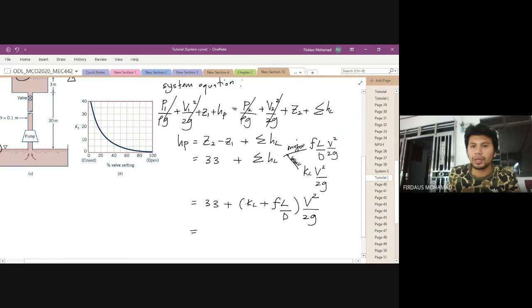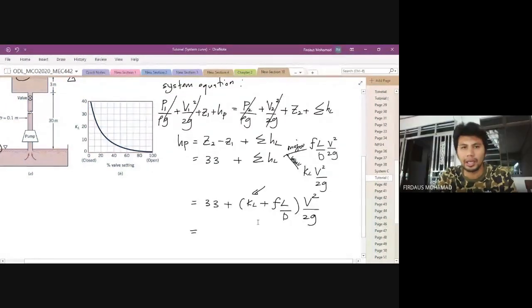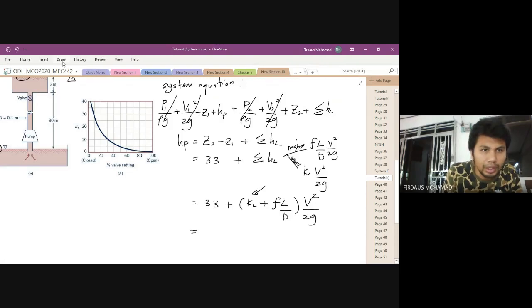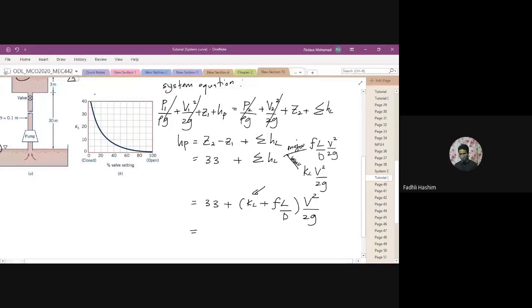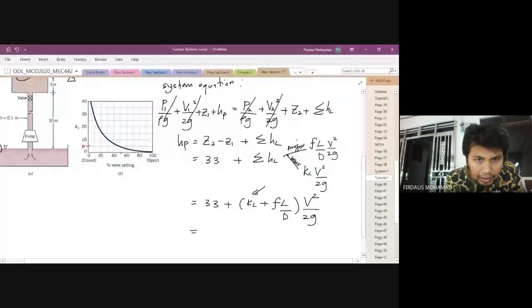Now we need to find this KL, the loss coefficient for the valve. Based on this graph, at 100% open, it is about 1.